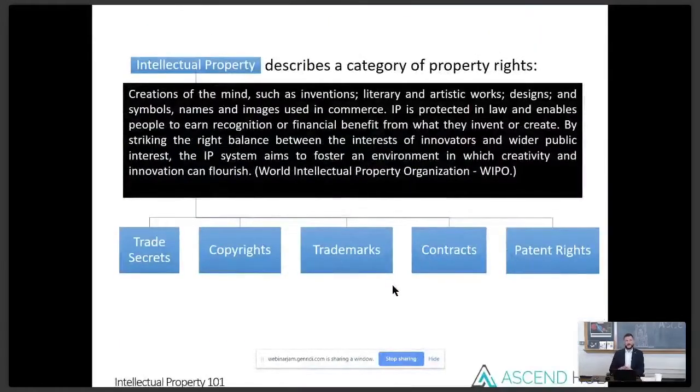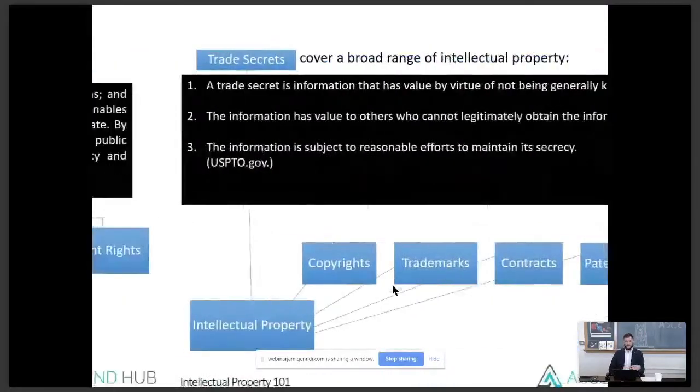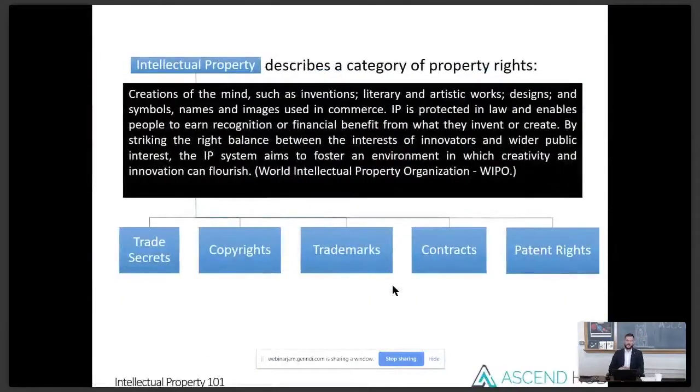So the World Intellectual Property Organization defines intellectual property as creations of the mind, such as inventions, literary and artistic works, designs, symbols, names. What's important about this definition is that when used in commerce, the commercial property right here is what we're talking about today. And intellectual property is protected in law and allows people to leverage what they've done to gain recognition and financial benefit.